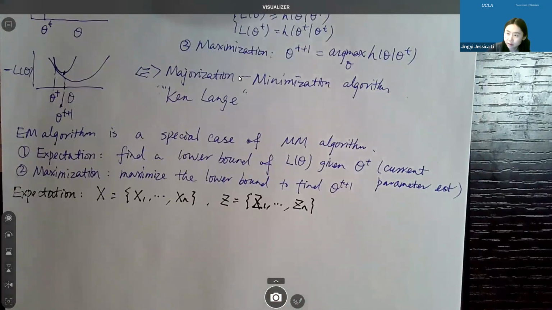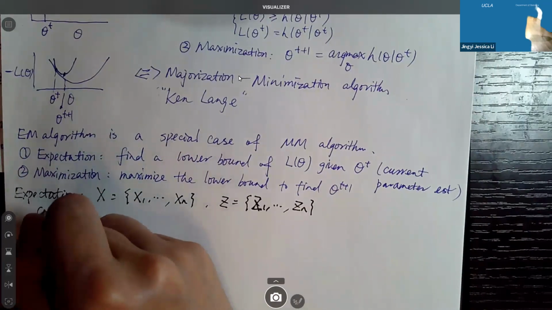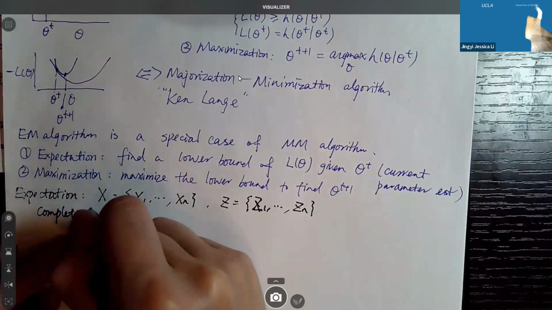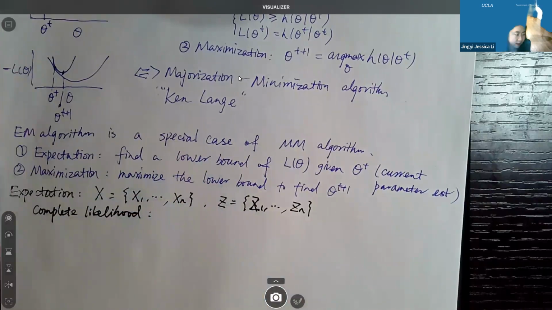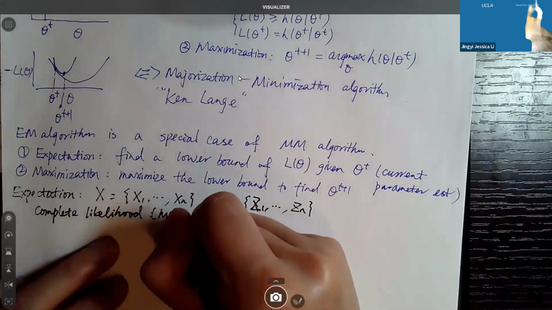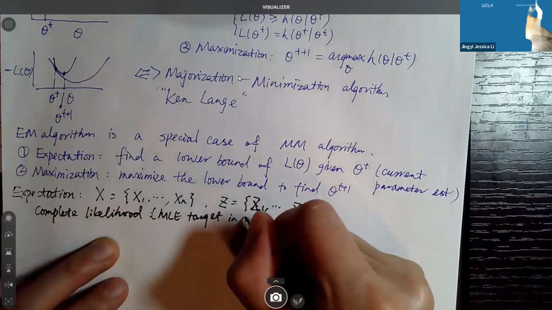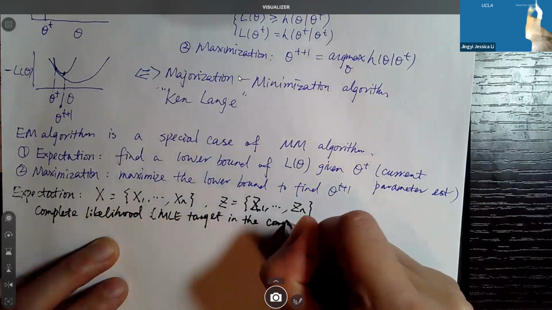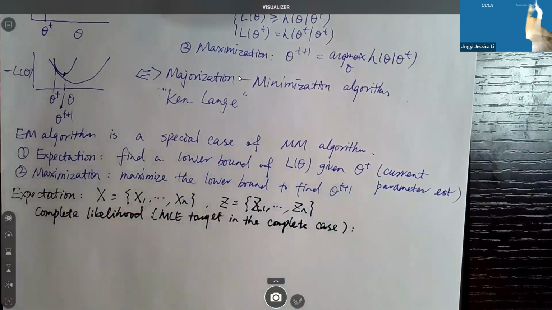So you know that we actually have the complete likelihood, which uses the latent data. That's what we did in the MLE, our MLE target in the complete case, when all the Zi, Xi are observed.